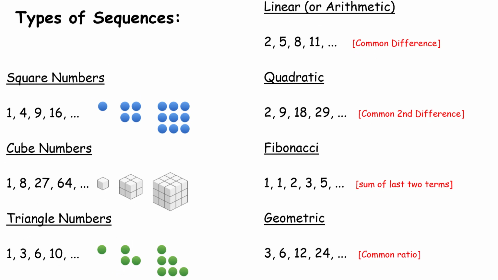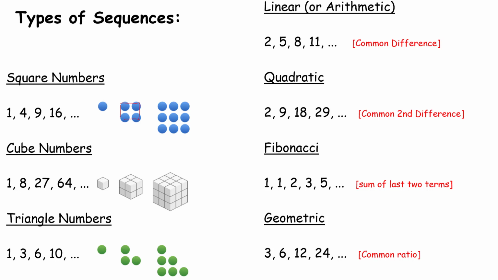Now first off, we've got three kind of number property sequences that you need to know about. Square numbers are the numbers 1, 4, 9, 16 and so on. They're all the numbers that you can get by multiplying a number by itself, or another way of thinking about it is that you can arrange that number of items into a square.